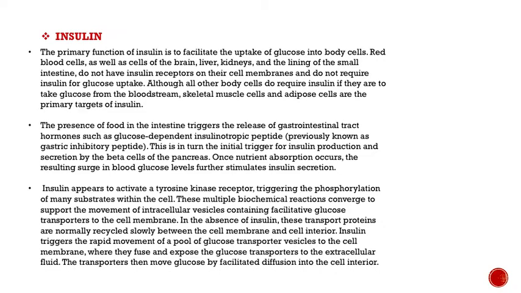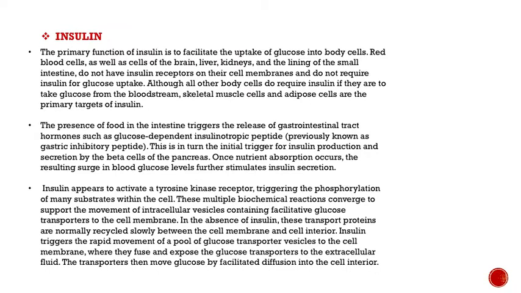Insulin appears to activate a tyrosine kinase receptor, triggering the phosphorylation of many substrates within the cell. These multiple biochemical reactions converge to support the movement of intracellular vesicles containing facilitative glucose transporters to the cell membrane.